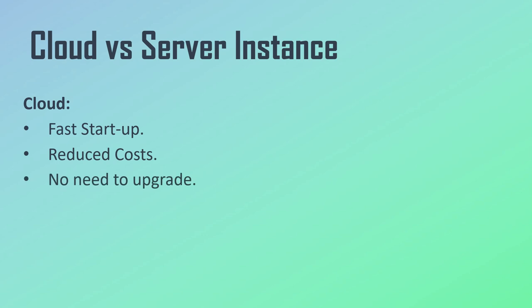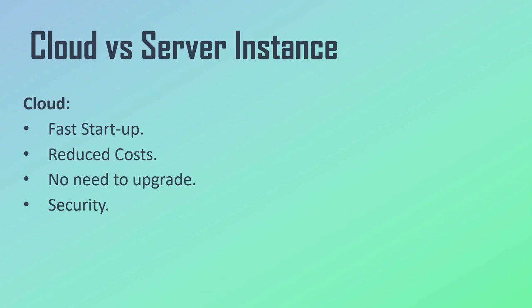Third one is no need to upgrade. Yes, because on cloud you get immediate access to the latest version of JIRA, so there is no need to upgrade the cloud instance. And the fourth one is security. It is very secure because Atlassian takes the responsibility to maintain the security and compliance of your database and organization.